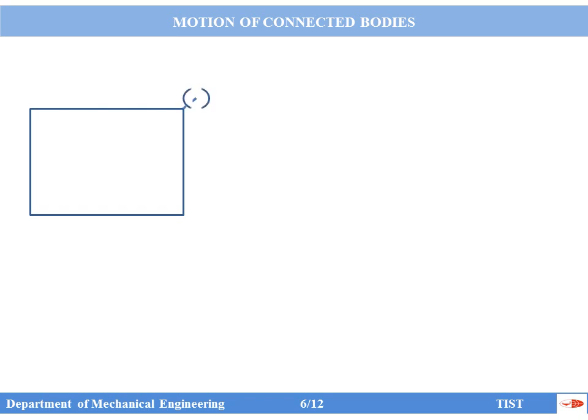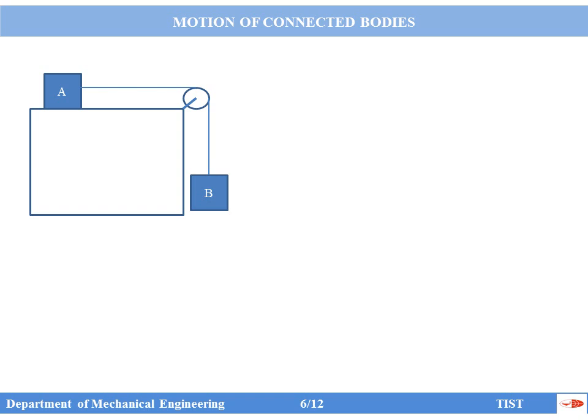Now this one is an example where a body A is connected to the body B by pulley and string. If you look at the figure, the body B is not in contact with the surface. It is free, and it will move in the downward direction.